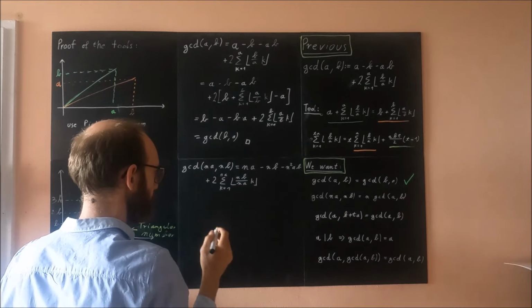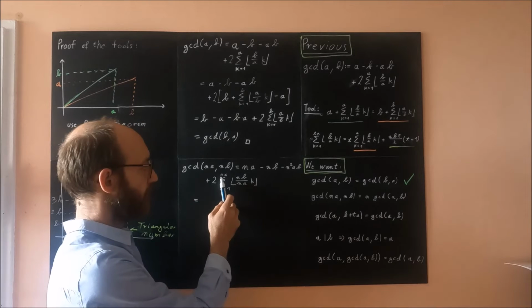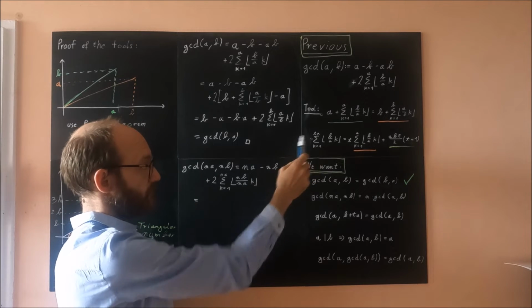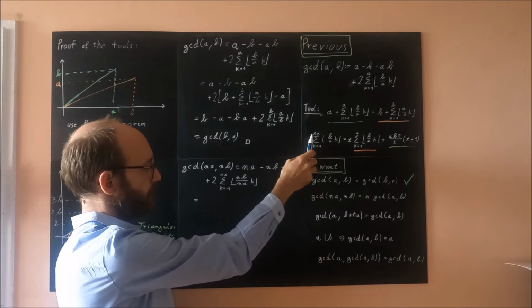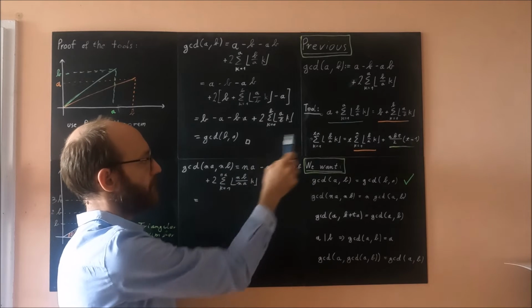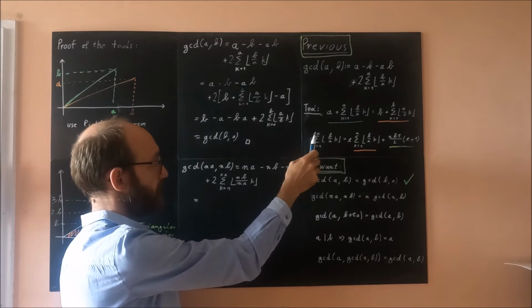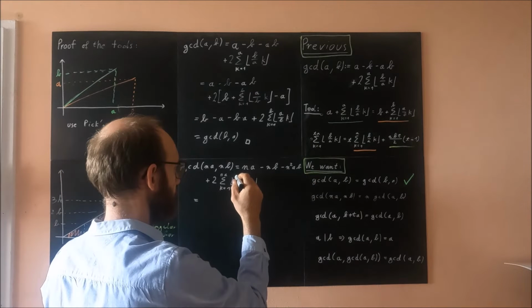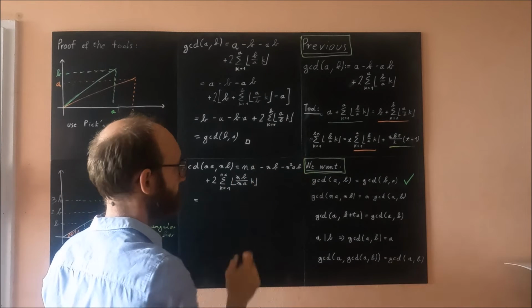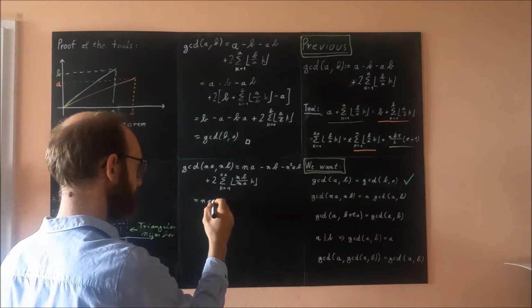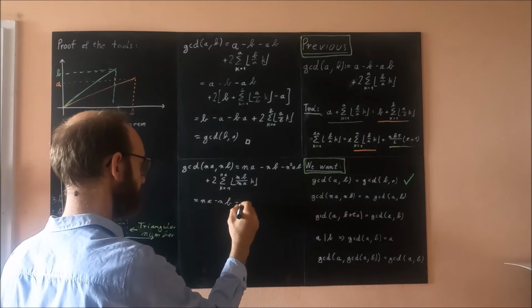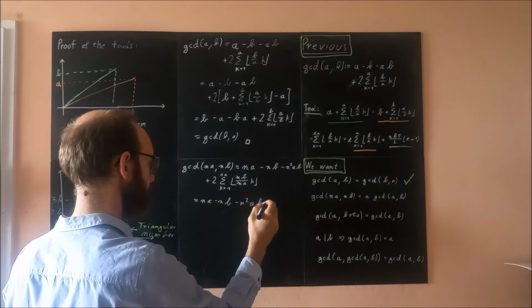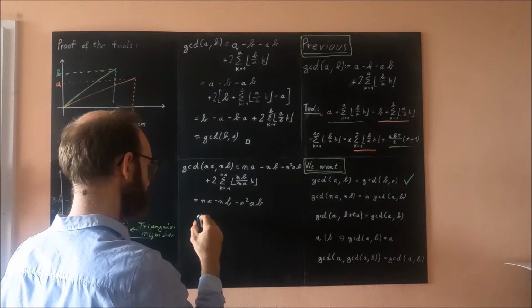times k. Now we make use of the second tool, where n plays the role of t, and here we can cancel out an n. We have na minus nb minus n squared ab plus 2 times.